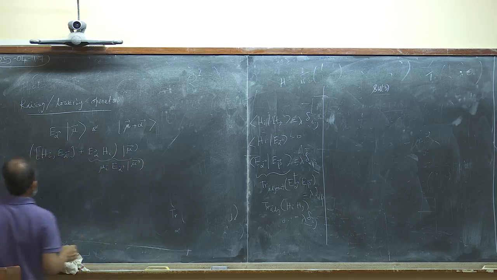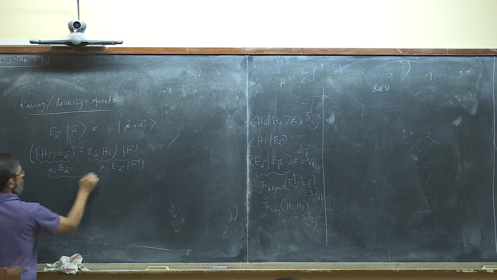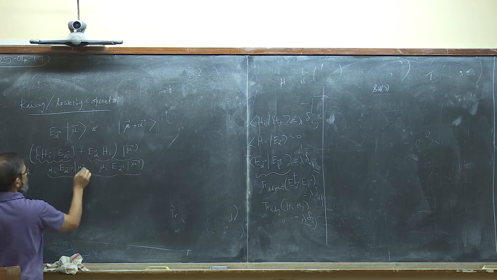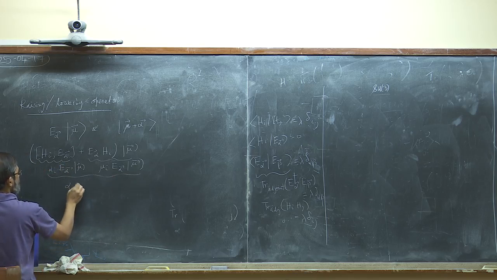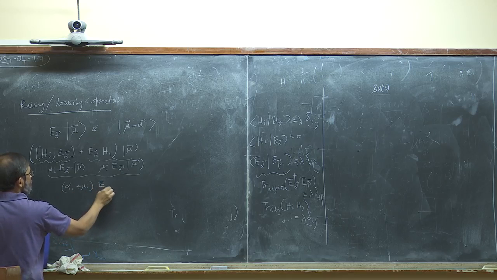So this part is that, and this guy here is alpha I E alpha. So overall I get alpha I plus mu I times E alpha mu.